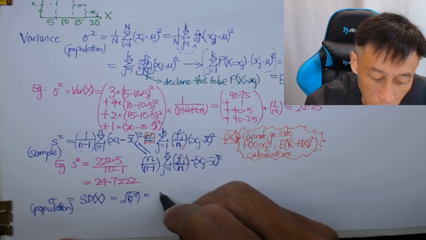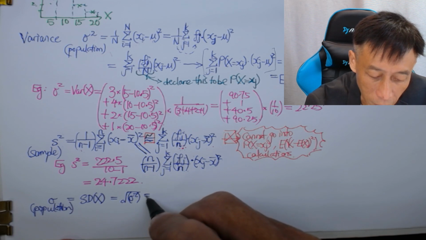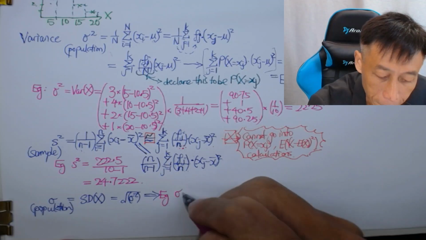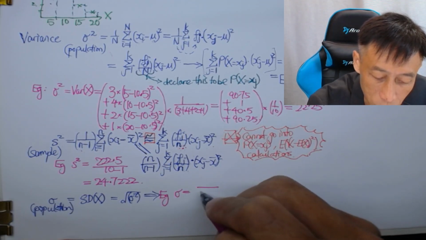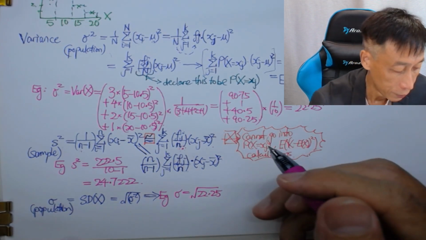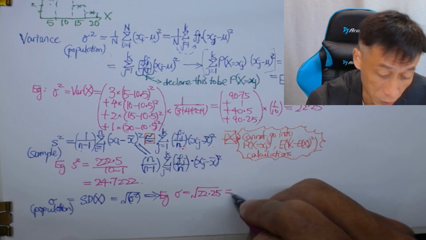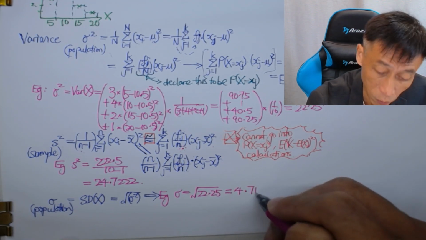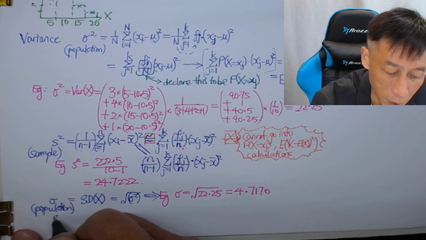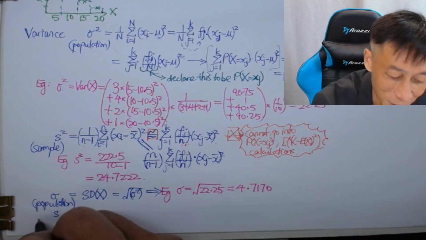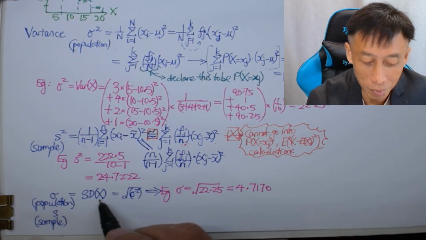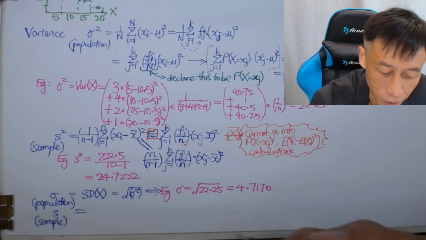So at this point, if we take an example, sigma will be the square root of 22.25. And if your calculation is the same as mine, you should get 4.717. And again, we don't forget our dear sample standard deviation. We don't have a capital letter version.